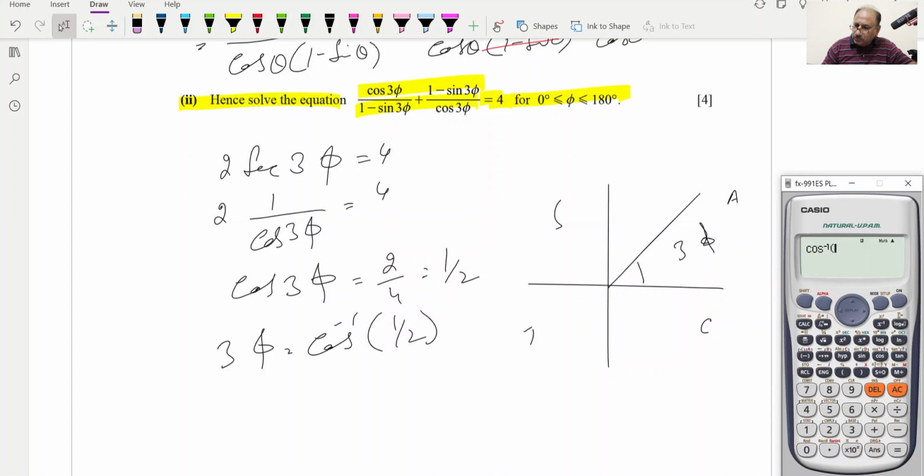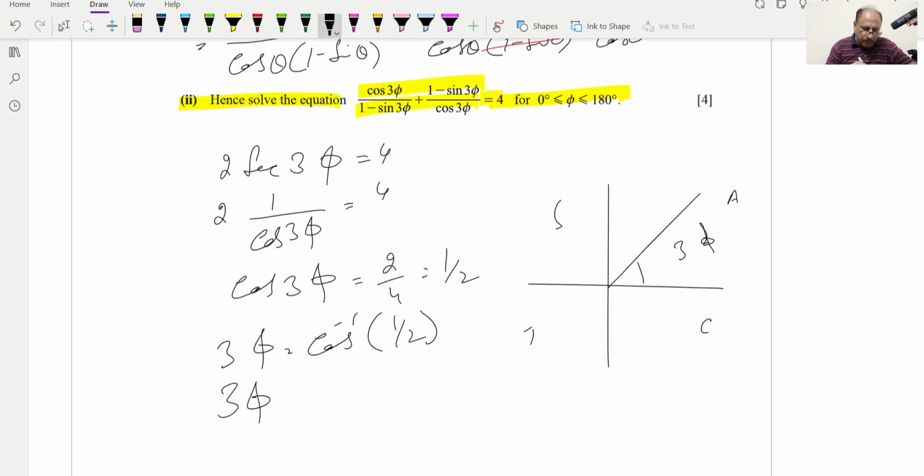Shift cos of 1 over 2 will be equal to pi by 3, or if we change the shift mode to degrees, it will be equal to 60 degrees. So 3 phi will be equal to 60 degrees.